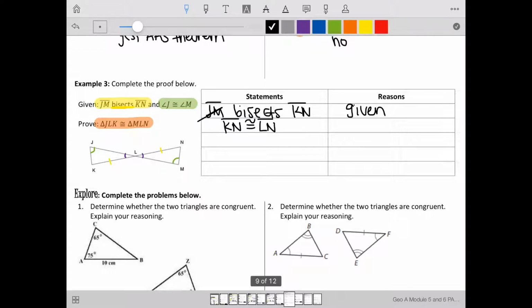Excuse me, I'm going to fix this real quick. It should actually be KL. KL is congruent to LN, right? Remember, this side was going to be the same as this side. And that was because of the definition of bisect.